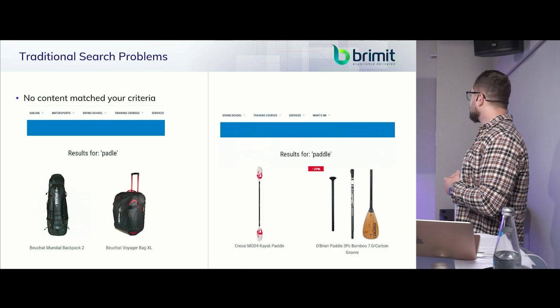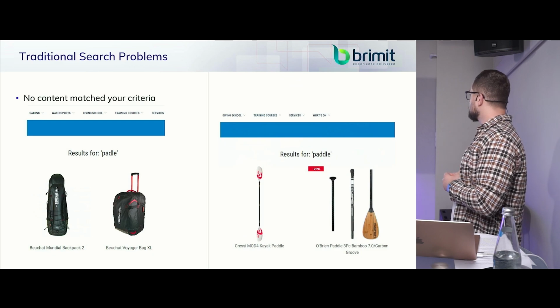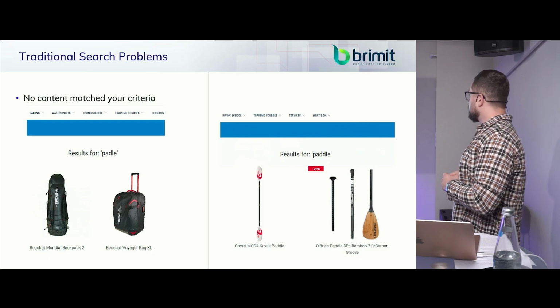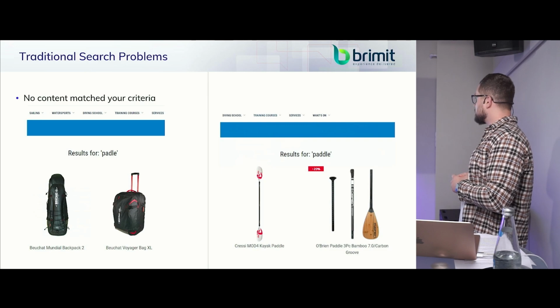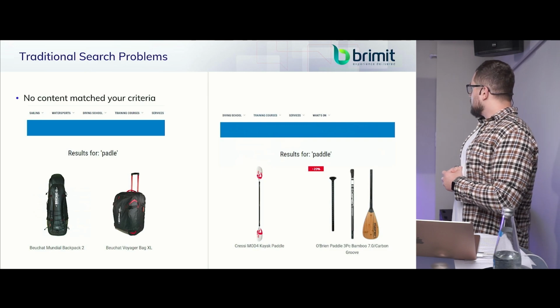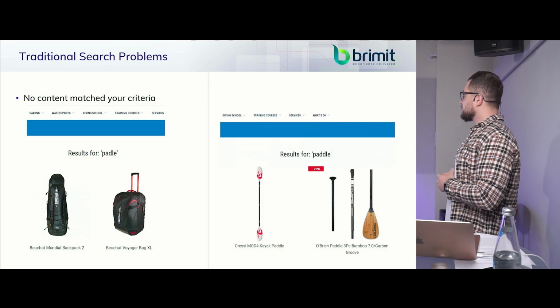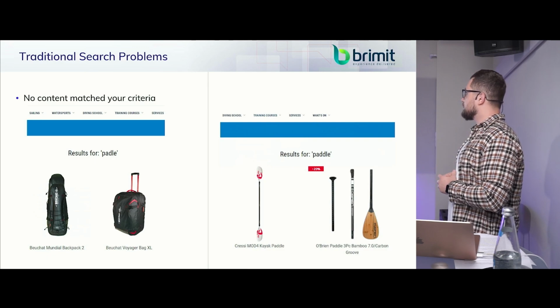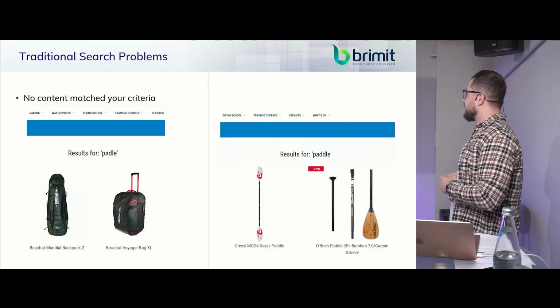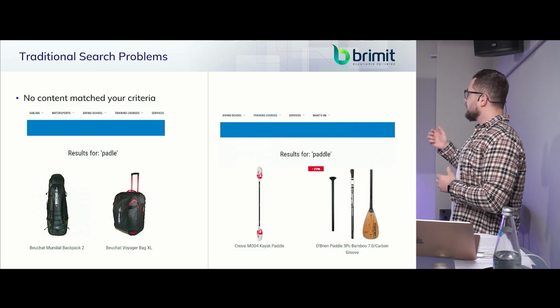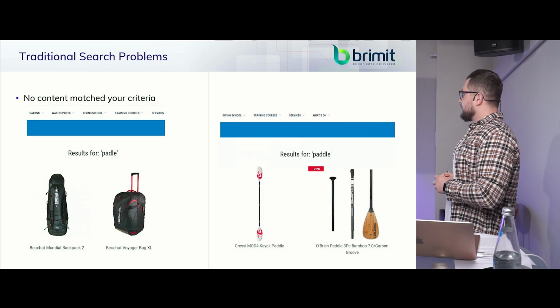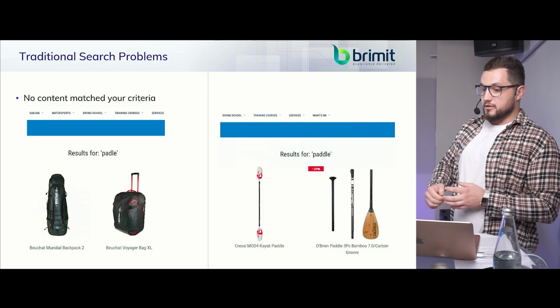When I write pedal with a double D, I get a result. But as you see, this search is not good, and it couldn't find a result if I use the wrong spelling.